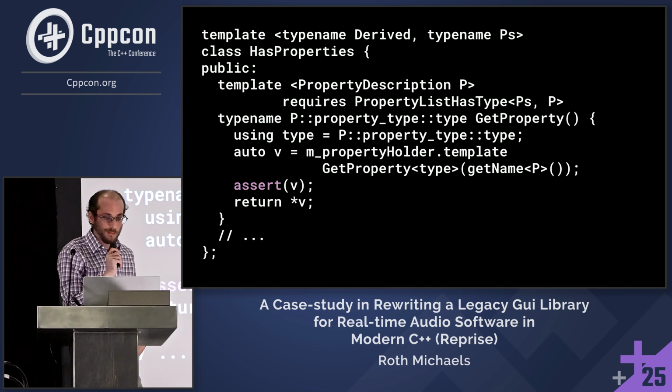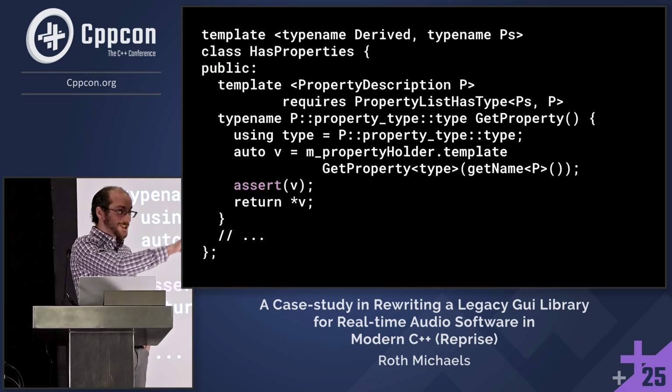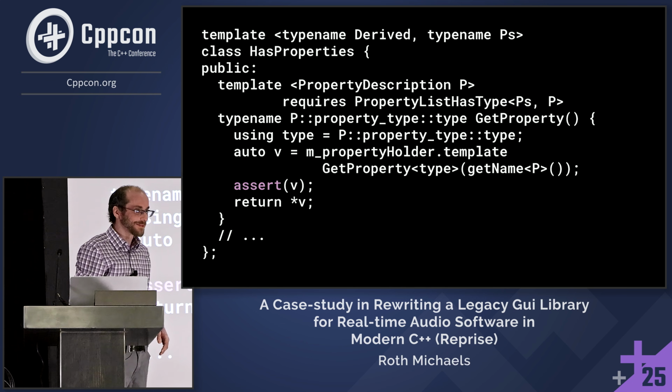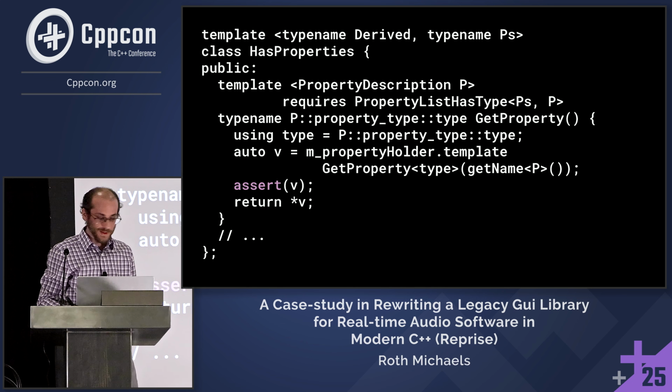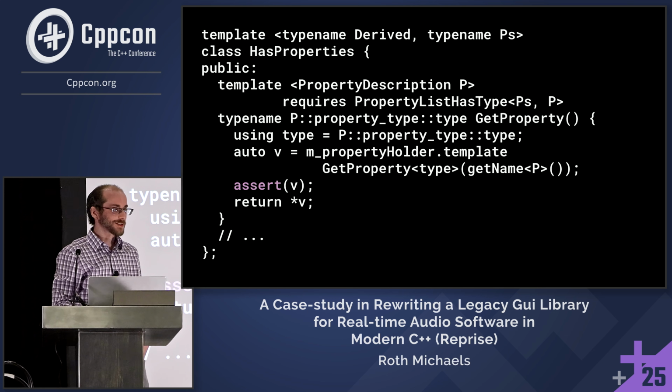But the duplicate name one, I don't think anyone's ever hit that assert, so I never actually wrote a compile time check for that. Thank you. You found the one hole in my compile time error checking. Hopefully I'll Slack someone afterwards to remind me to actually fix that.